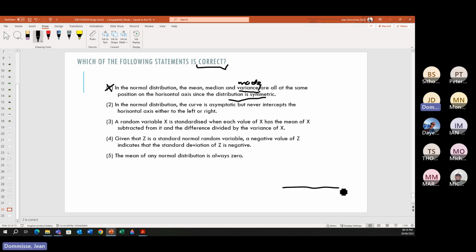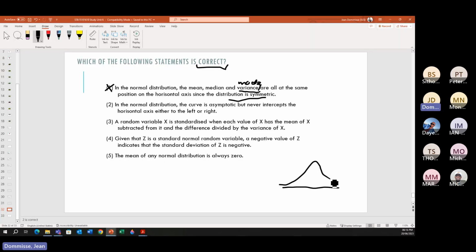What that actually means is, if you look at that diagram, it basically means there's a symmetry to it, and you can see I always try not to touch the line because it never intercepts that horizontal, either left or right.